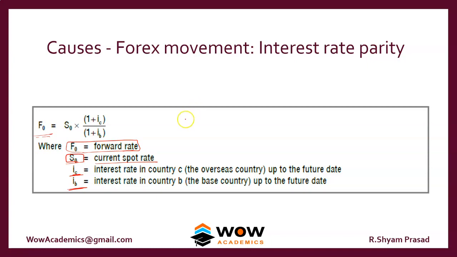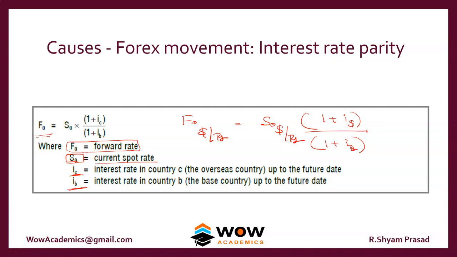So if you are going to work out F0 for dollar to rupee, then S0 would have to be dollar to rupee multiplied by 1 plus i in US divided by 1 plus interest rate in India, or we'll put it as Rs.